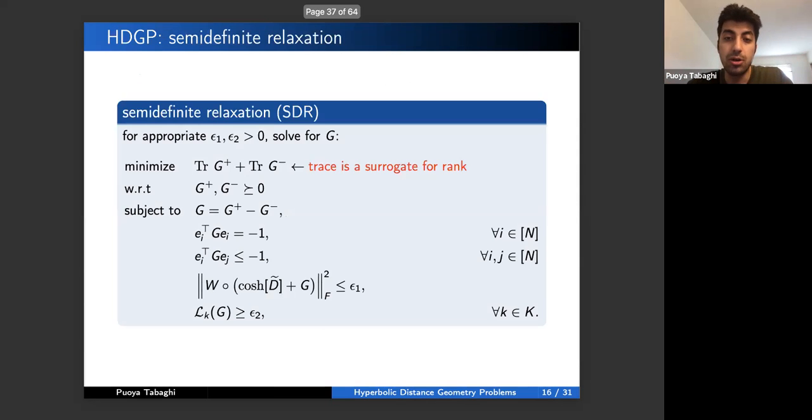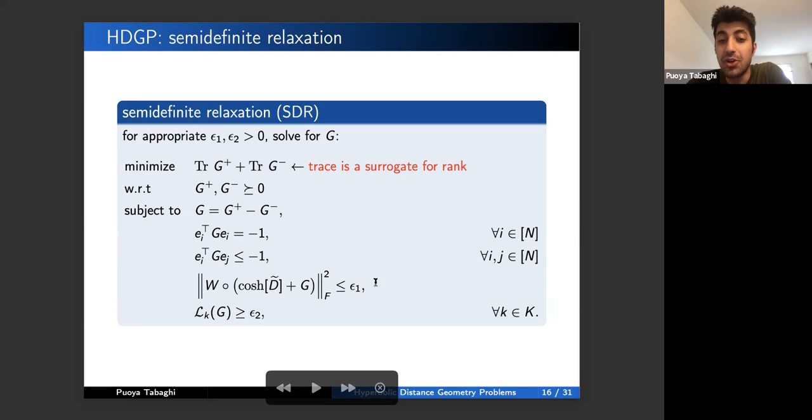So this is our proposed semi-definite relaxation to solving this problem. We want to minimize the rank of those two matrices. Instead, we say, okay, we can't do that, so let's minimize the trace as a surrogate of these matrices. With respect to them being positive semi-definite, their difference should be a hyperbolic Gramian. It has to satisfy the hyperbolic Gramian conditions. And also during the embedding, it has to satisfy some data fidelity constraints.